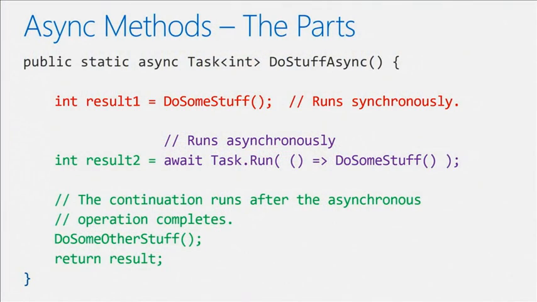The parent one, the one that's actually been called by the calling routine, returns immediately to the calling routine with whatever the result of that await expression is, which in this case, Task.Run is going to return a task. The other context is going to sit there and actually wait for the asynchronous operation to complete. And as soon as it completes, it's going to return the result of the asynchronous operation to the code in green there, which is the continuation.